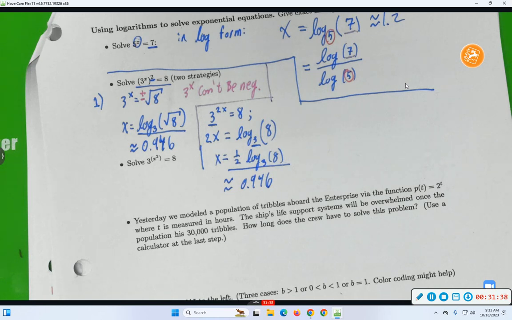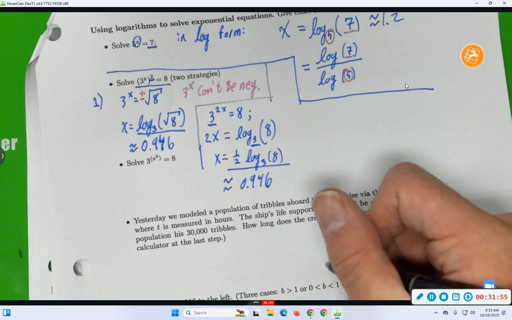We want to know when the life support systems will be overwhelmed. How could you write this as an equation to solve? Yeah, okay, so you've jumped right to the answer.